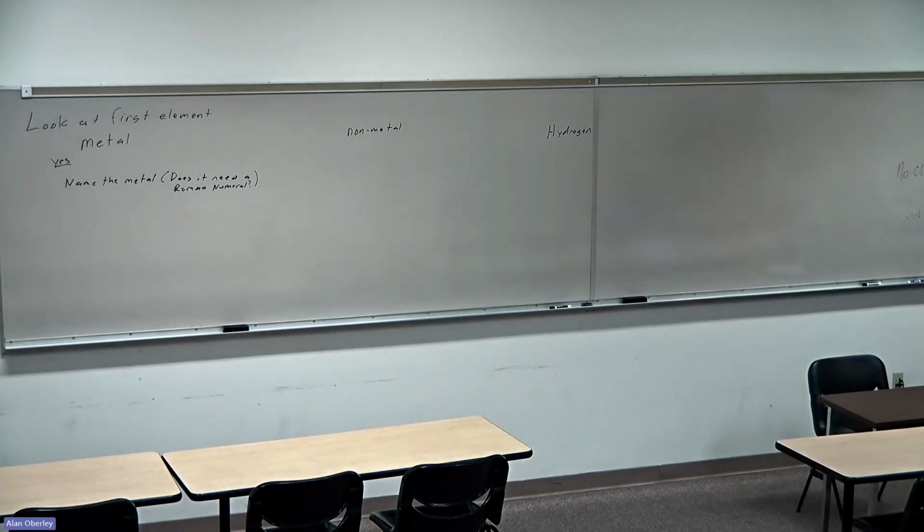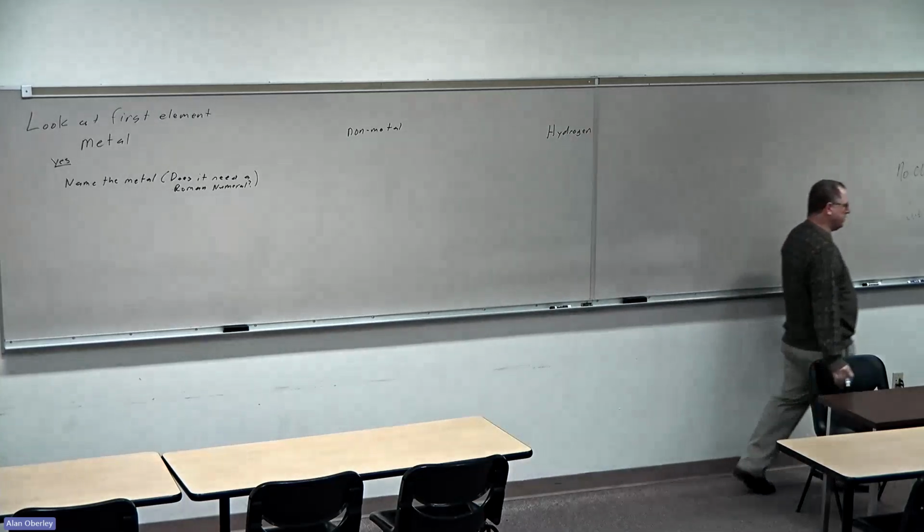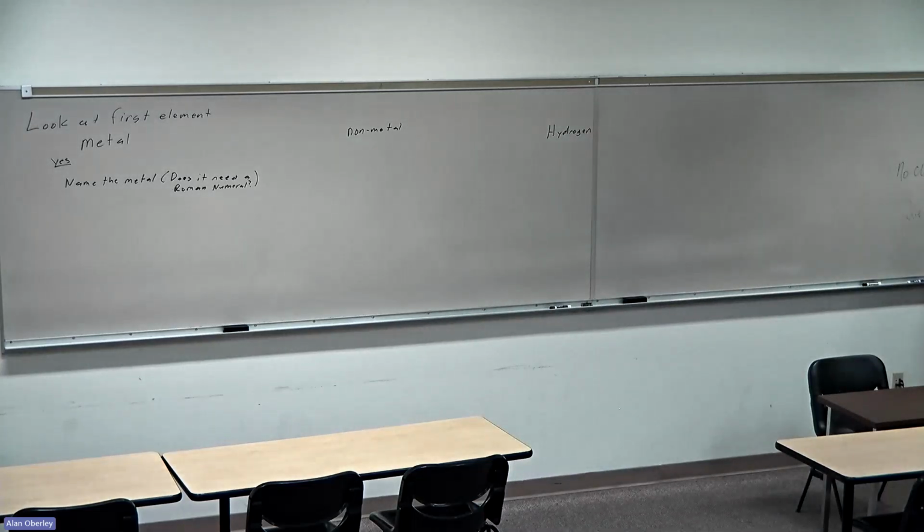If it does need a Roman numeral, put a parenthesis there. You don't have to know what goes in the parentheses to know that you need a parenthesis. So that's the first thing we're going to do.